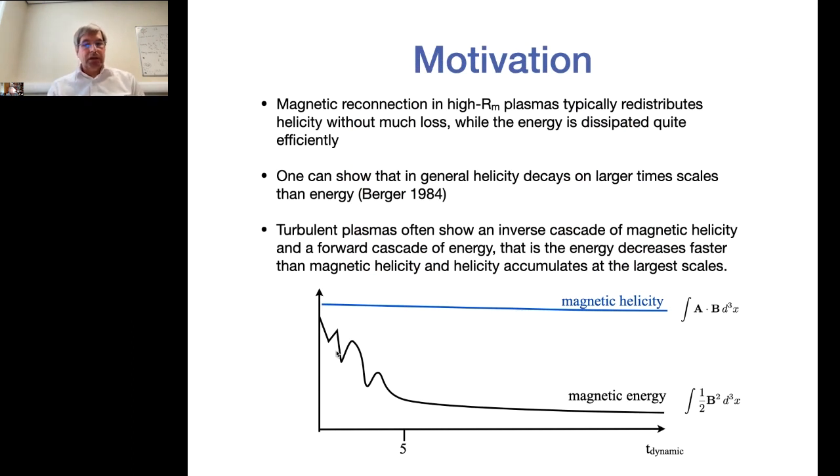And what happens in a high magnetic Reynolds number plasma is that the motion quickly becomes turbulent. So we have all kinds of scales in the plasma.